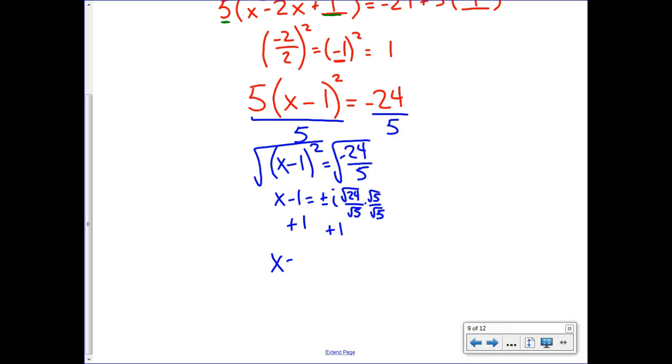So I get x equals 1 plus or minus i, and then 24 times 5 is the square root of 120 over 5. And then we need to decide, can we reduce the square root of 120? There is a 4 in there that will come out. So x equals 1 plus or minus the square root of 4, which is 2, i radical 30 over 5.